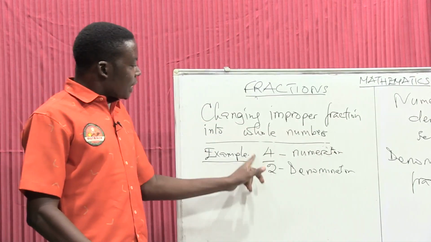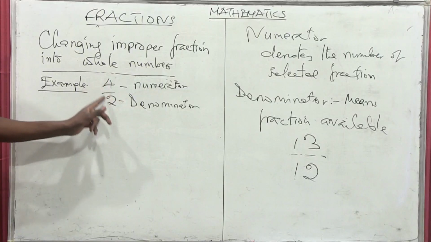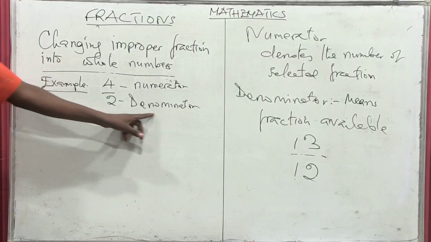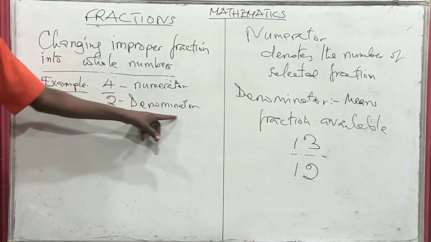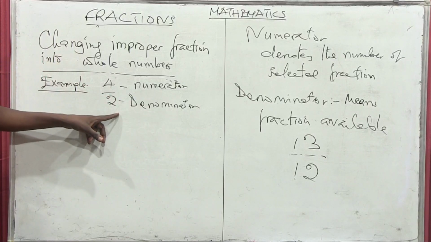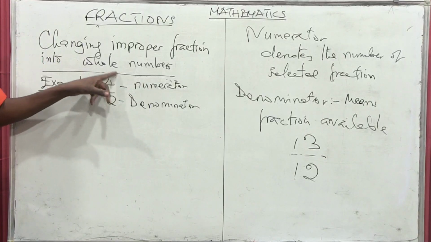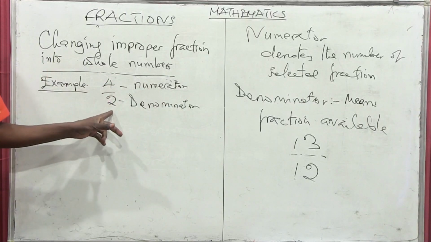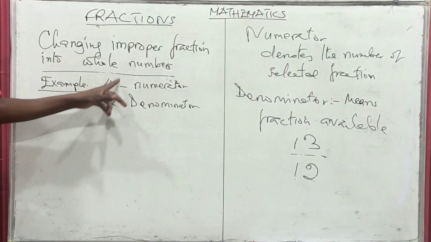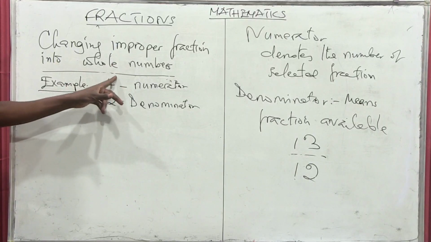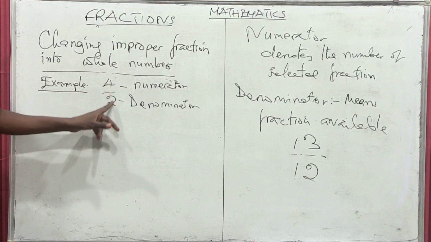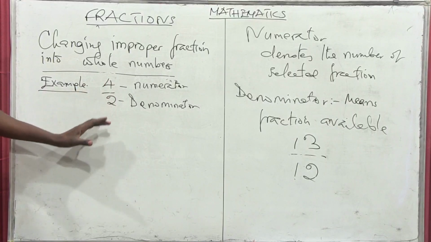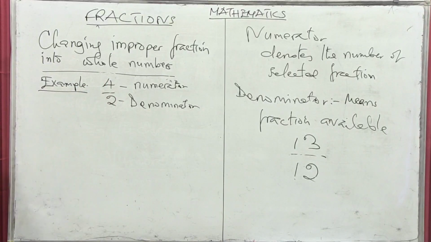It is difficult to select 4 from 2 because 2, which is the denominator, shows the maximum number of fractions available. Then the numerator, which is 4, shows how much you are taking from the total. This is greater, you are going to take 4 from 2. It is impossible. So change this into a whole number or a whole number and a fraction.